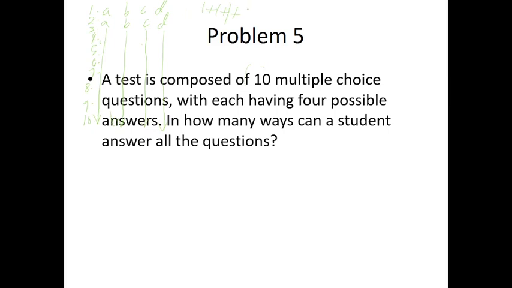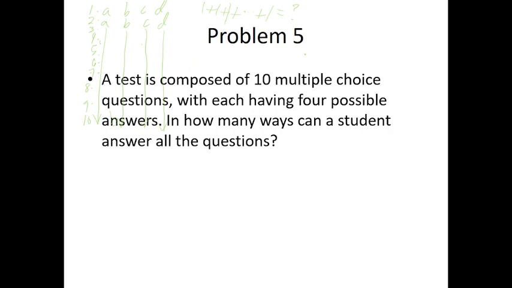Hanggang umabot sa lahat ay D. Ano yung total number of possibilities? Hindi tayo matatapos siguro kung ma-manual natin yan, no? So, kailangan natin ng fundamental principle of counting rule para mapadali yung ating solution.